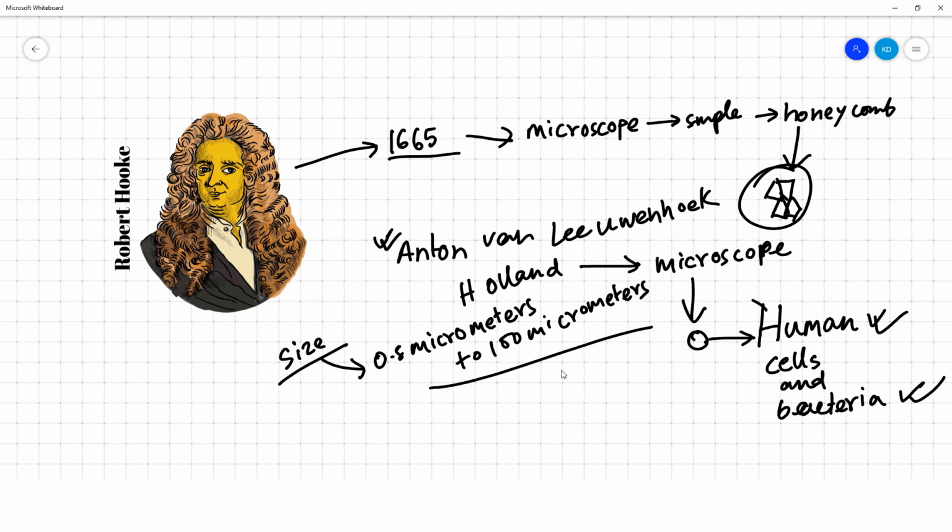Mycoplasma gallisepticum is a parasitic bacteria. Questions may occur from here.